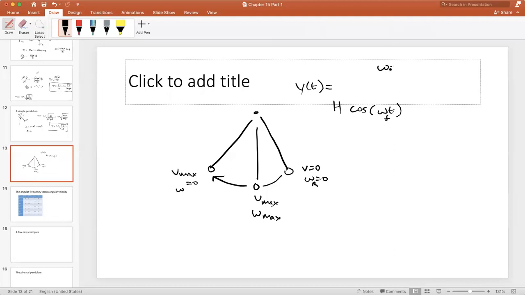And this frequency omega is actually equal to the square root of g over L. That's a constant. And that tells us how long it takes to go from this max to this max and back. So to go from h to negative h and back to h. It does that in a time of 2 pi over omega, right?